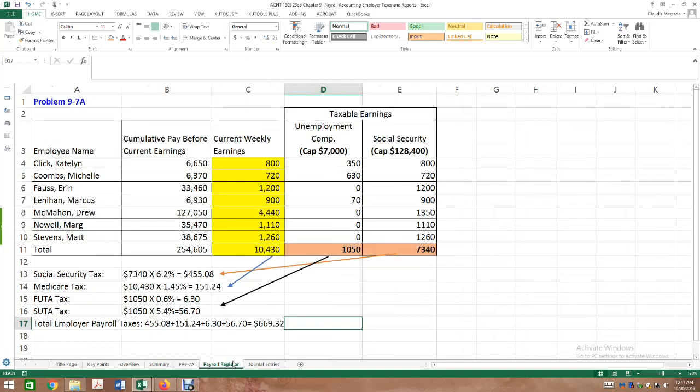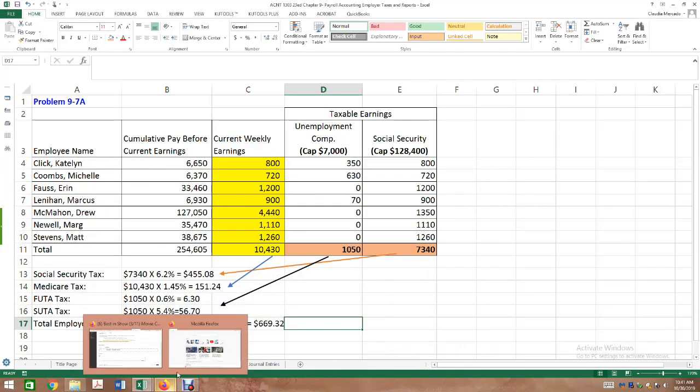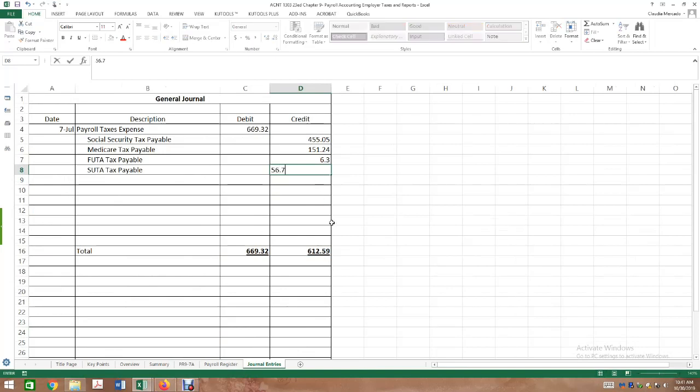And my SUTA tax payable is $56.70. So we entered 669.32.